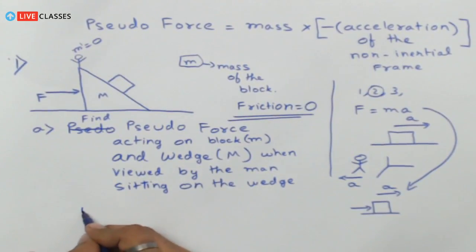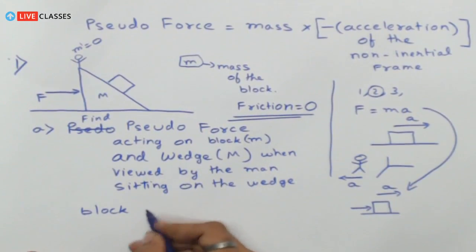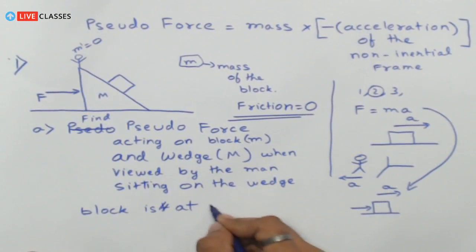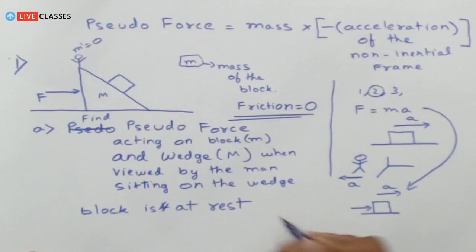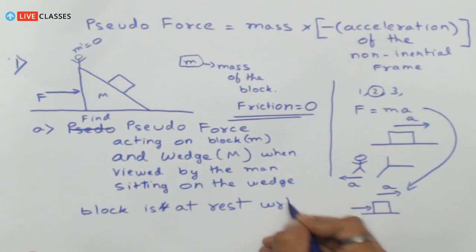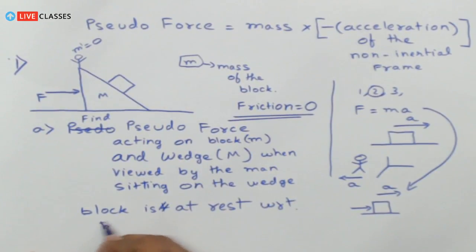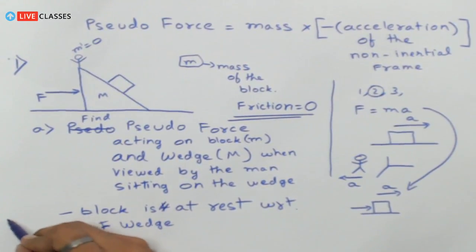Let me write it so that our viewers can see: the block is at rest with respect to the wedge. This is the condition given in the question.